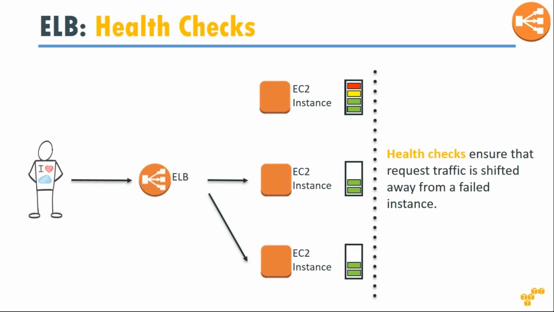Either you will go and investigate the first instance, or you will have an auto scaling group which will automatically replace that instance with another healthy instance. This is how auto scaling and ELB work together. Auto scaling sends that information to CloudWatch, and CloudWatch says, I have a failed instance. Auto scaling, be aware of this, start a good instance for me and throw away the bad instance.